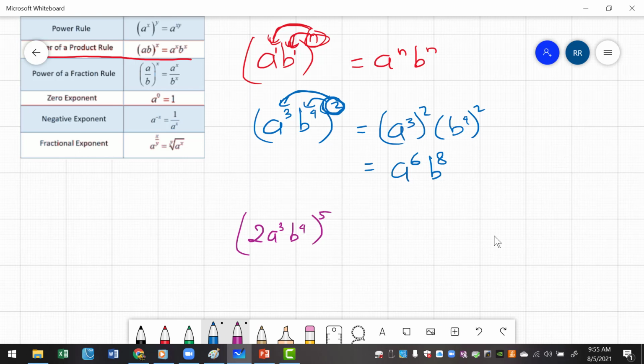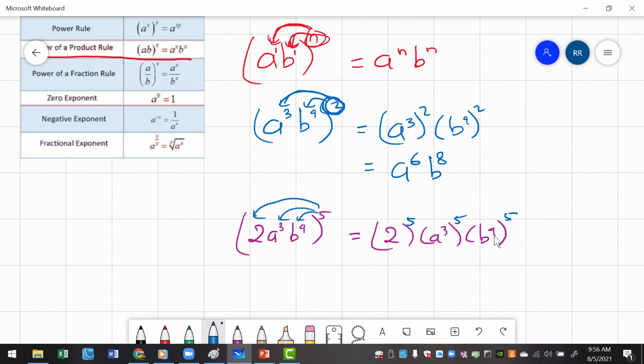So actually this is 2 to the power of 1. You don't see the 1, but it's there. So what you need to do is put all of that as 2, then a to the power of 3, and then b to the power of 4, and then give that 5 as the power for each of them. So this is 5, this is 5, this is 5.